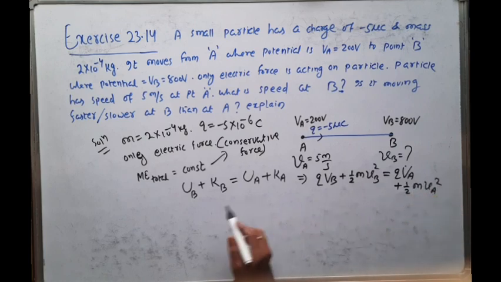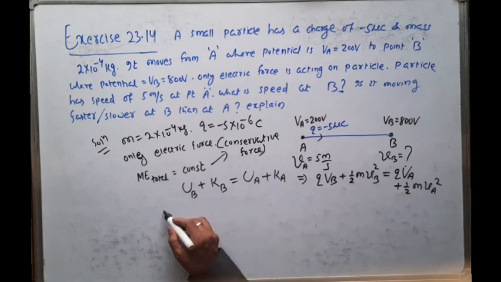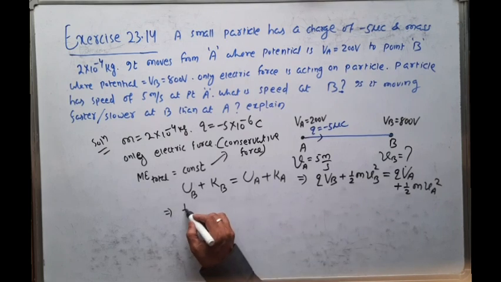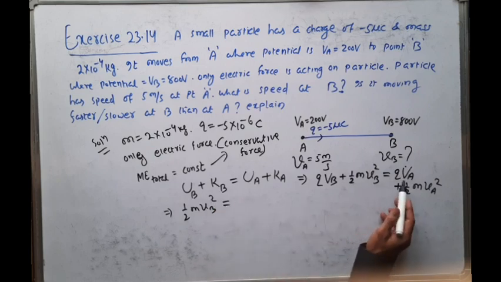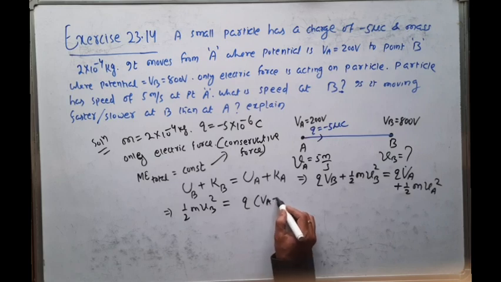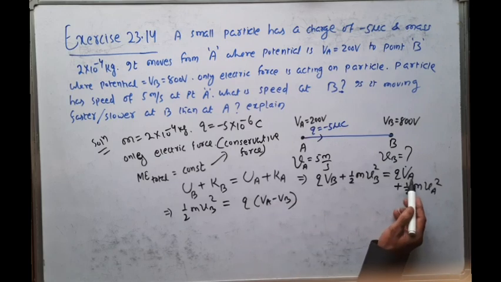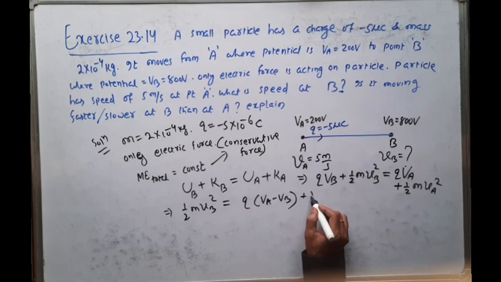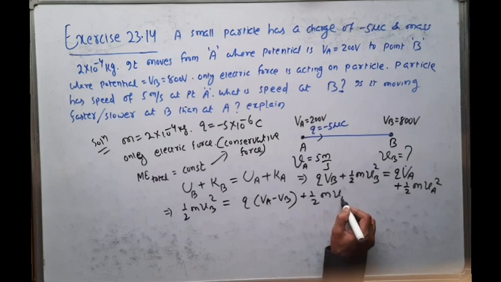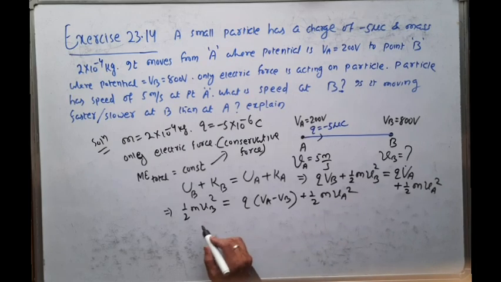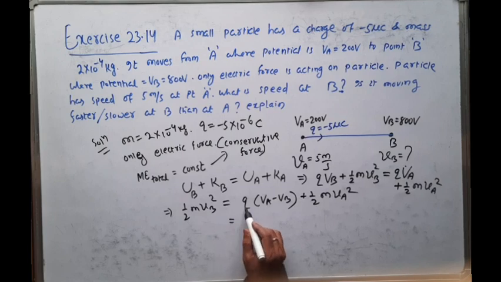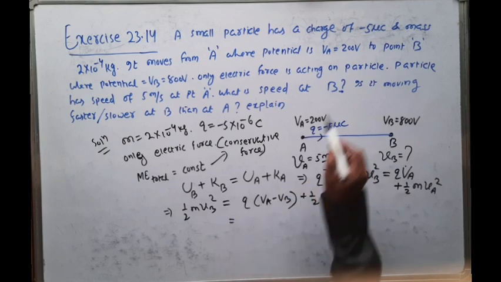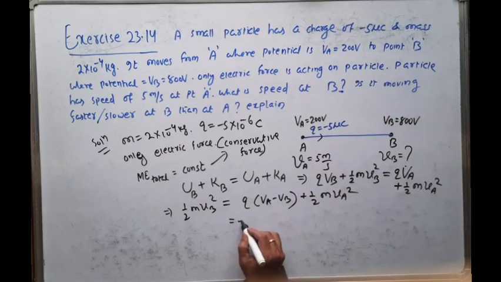Every data is given, you have to find VB. So half m VB square is nothing but Q into VA minus VB plus half m VA square. Put every data here. Q is given, minus 5 microcoulomb.